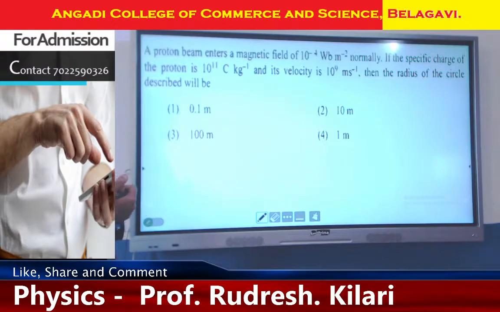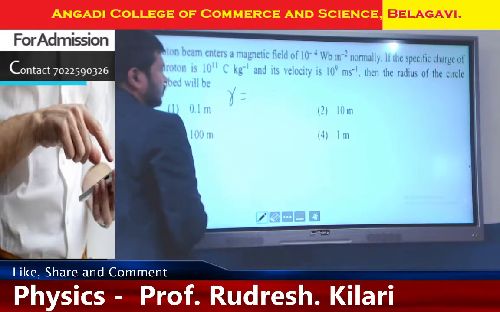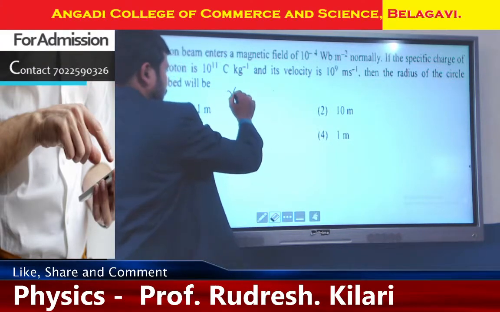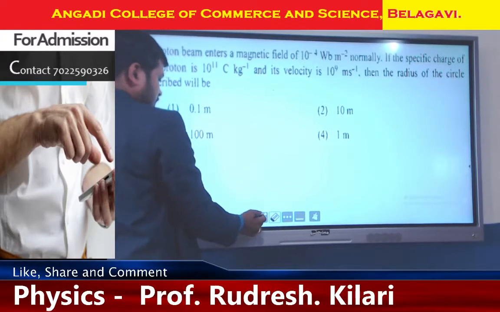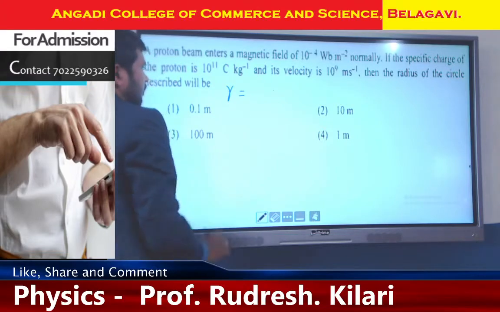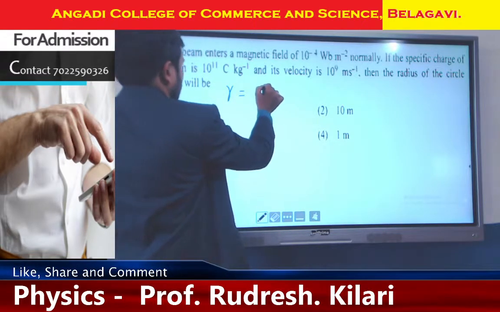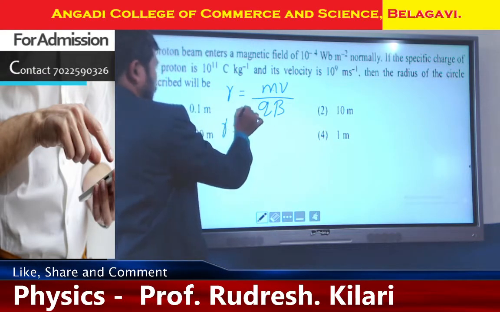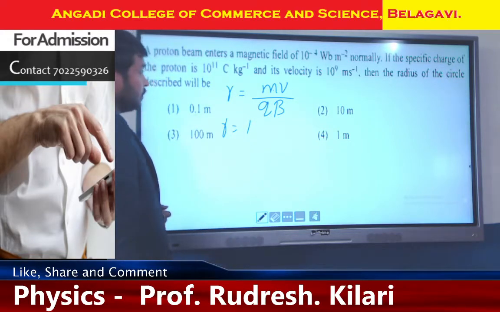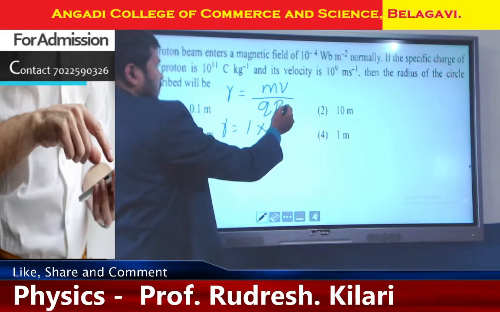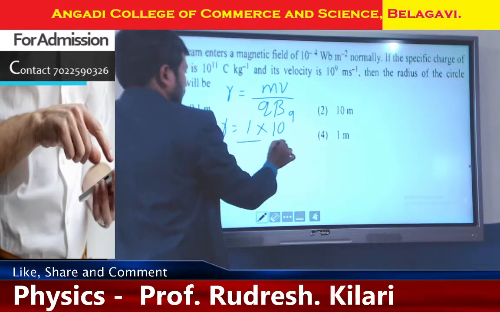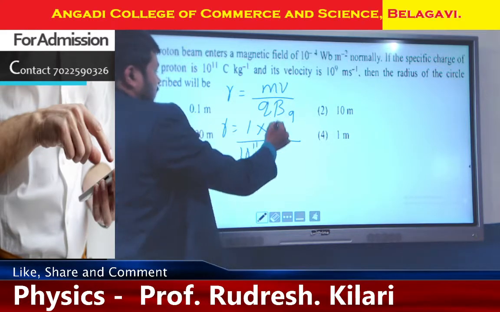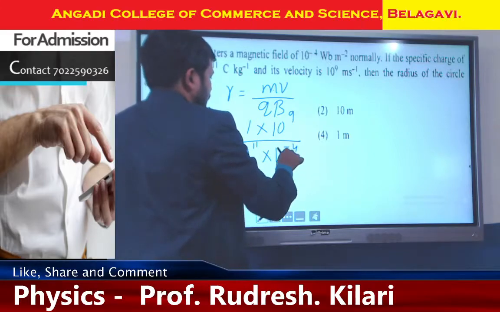Use the formula R equals MV divided by QB. R equals proton mass 1 into velocity 10 to the power of 9, divided by charge 10 to the power of 11 into magnetic field 10 to the power of minus 4, right?